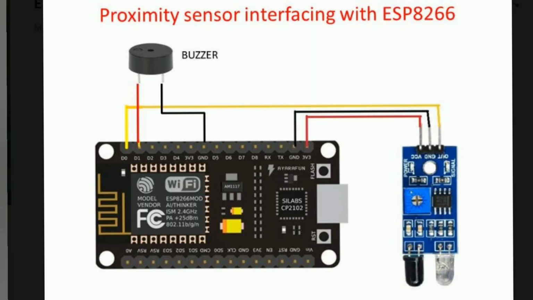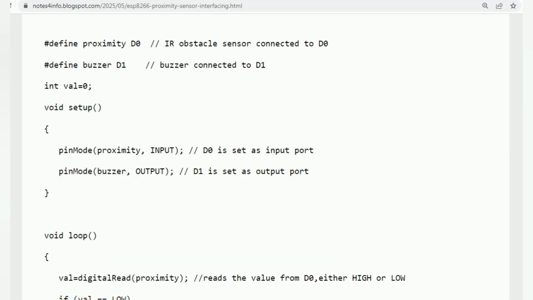Here a buzzer is connected to D1 and ground. The purpose of this buzzer is if any object is detected by the IR sensor, the buzzer will be turned on. Now we are moving to the software side.